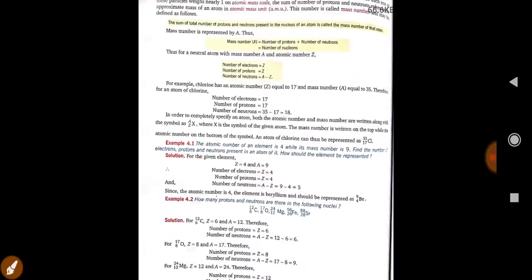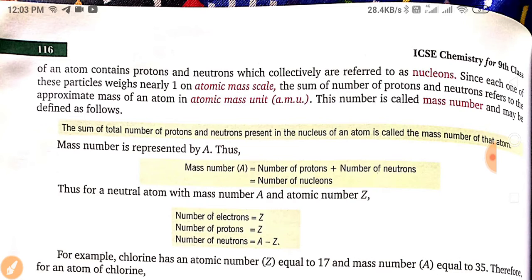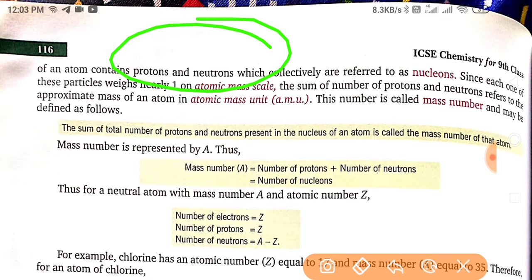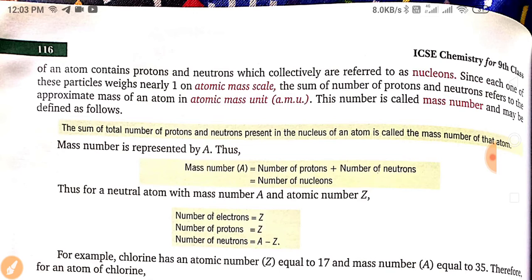The nucleus of an atom contains protons and neutrons, which collectively are referred to as nucleons. Since each one of these particles weighs nearly 1 on the atomic mass scale, the sum of the number of protons and neutrons gives the approximate mass of an atom in atomic mass unit, AMU.